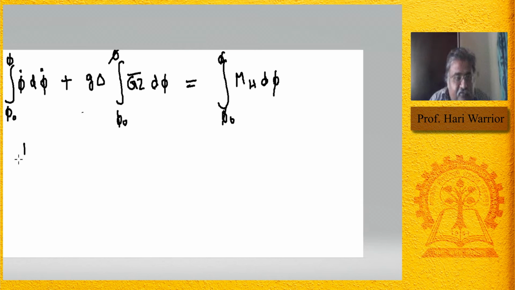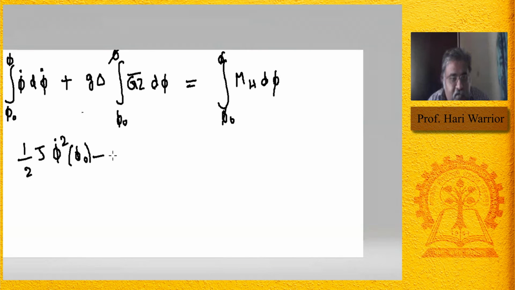Therefore, half J phi dot squared at phi 0, by doing this integration. This becomes phi dot squared by 2. So this becomes into phi 0 minus phi dot squared at phi, at phi minus phi 0, isn't it?